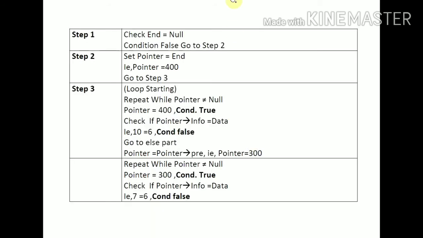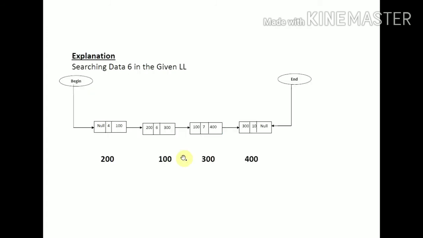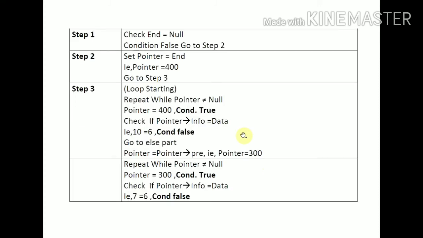So we go to the else part and increment the pointer variable, that is, pointer equal to pointer pre. This is our pointer variable. What is the pre part of this particular pointer? 300. So our new pointer value is 300.